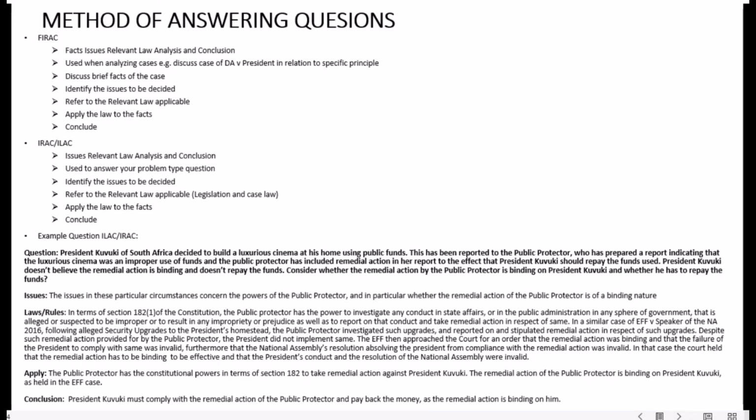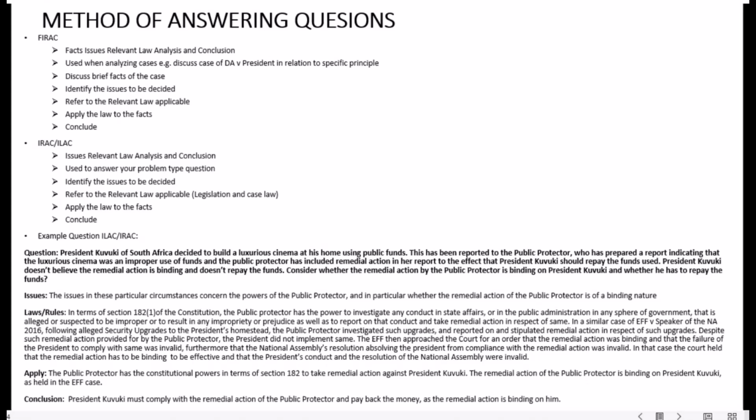So answering the question a little bit with your law or your rule: the president's conduct and the resolution of the National Assembly were invalid. So you've nicely set out your constitutional provisions, you've referred to your case that is relevant to the set of facts and that you can apply, and then you go ahead and apply, colleagues. So here we can just say the public protector has the constitutional powers in terms of section 182 to take remedial action against President Kuvuki.